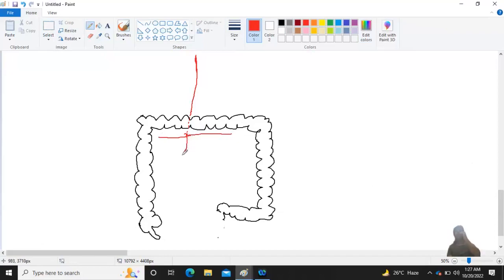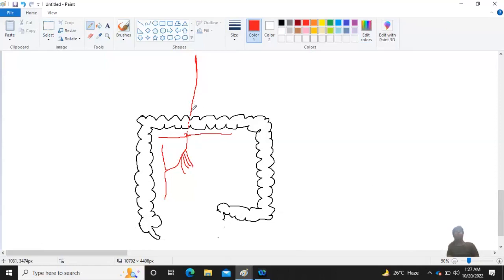Then it descends again. It gives an artery called the right colic artery, which again divides into an upper and lower branch. Then it gives the jejunal and ileal arteries, which supply the small intestine parts. Then it continues.